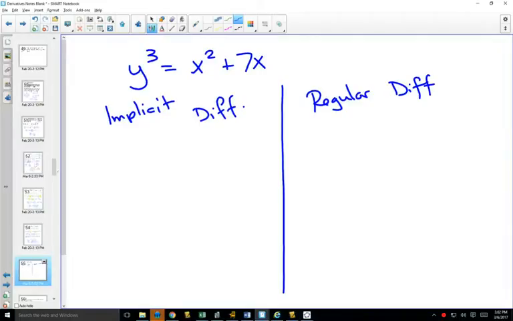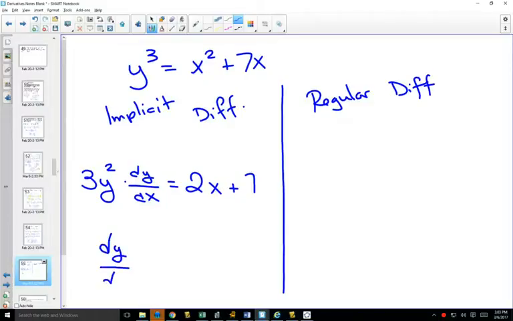So when I do the derivative of the left side of my equation, I'm going to get 3y squared times dy dx. And on the right side, I'm going to get 2x plus 7. So my derivative by itself will be 2x plus 7 divided by 3y squared.